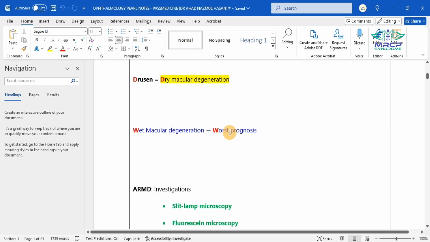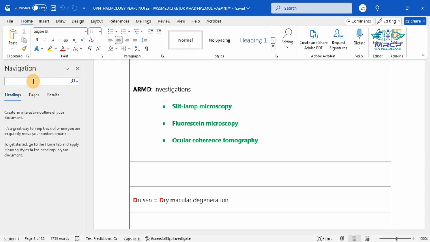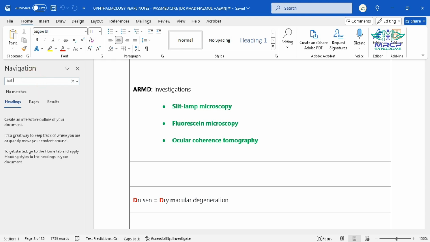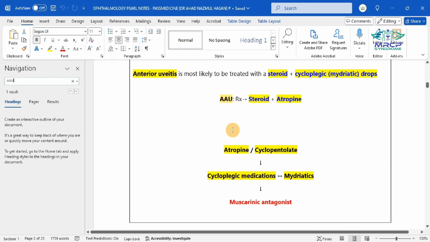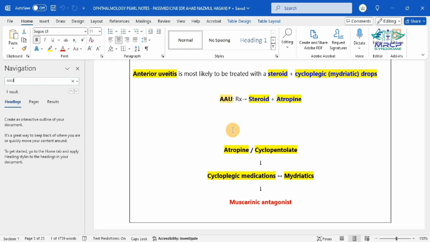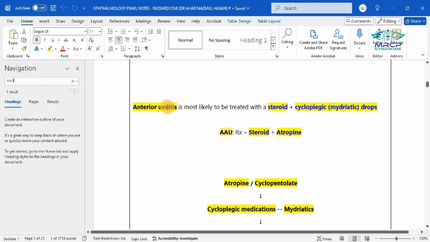And how to treat a case of acute anterior uveitis? Topical steroid and topical atropine. In uveitis, there would be a constricted pupil, so we will go for the mydriatic drop.